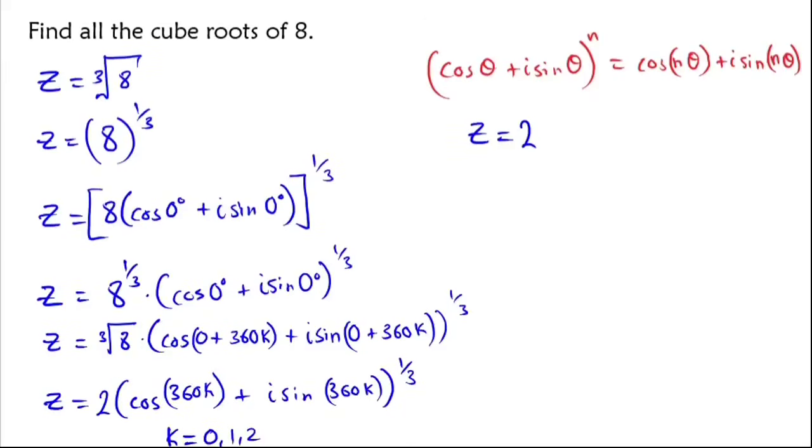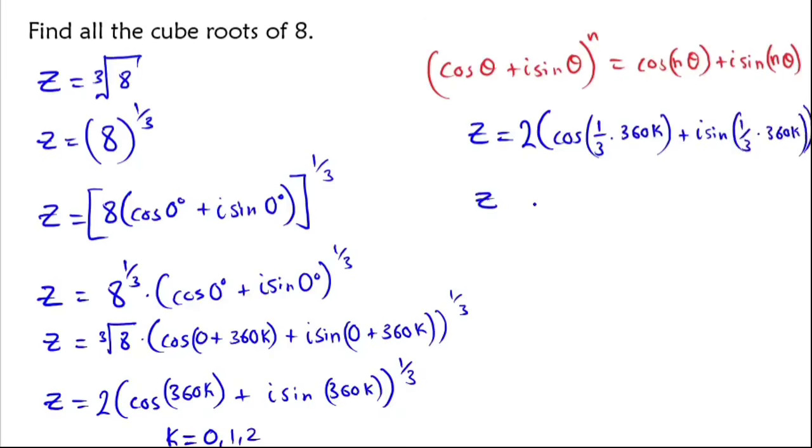So if that's the case, let's go back here. So 2, open bracket, cos. If I multiply 360k times 1/3, it will look something like this: 1/3 of 360k, plus i sine 1/3 times 360k. This is according to De Moivre's theorem.